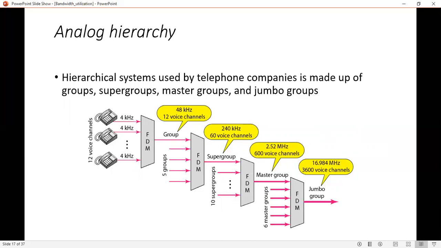Again, similarly you take 10 supergroups and combine them using FDM to form a master group, which is 2.52 megahertz and combines 600 voice channels. Again, you have 6 master groups combined to form a jumbo group, which transmits 3600 voice channels at once.